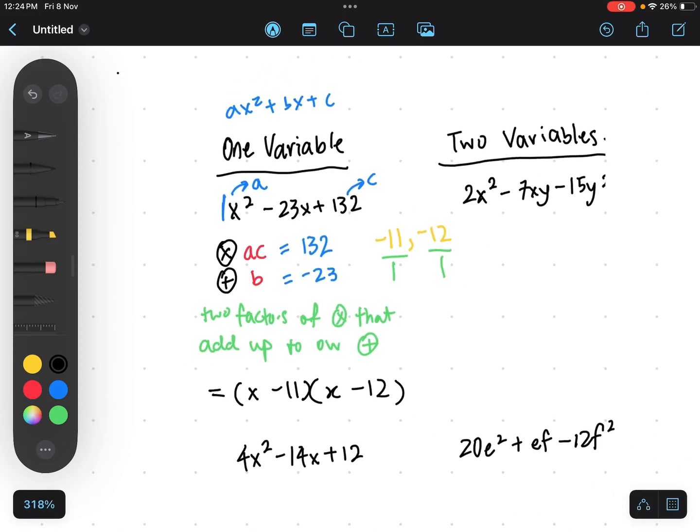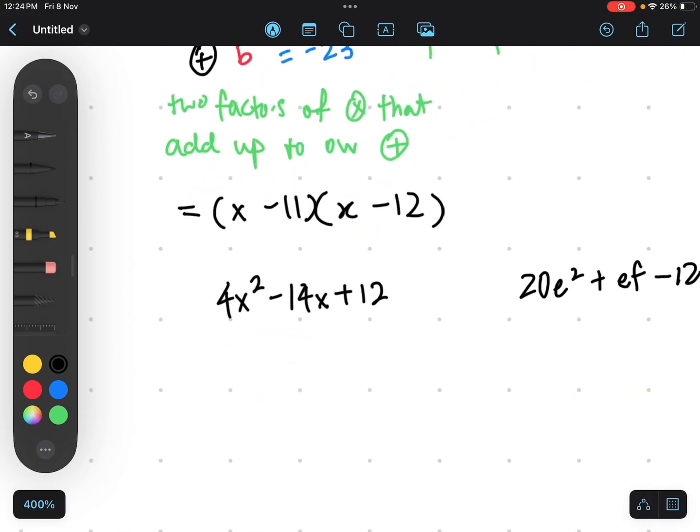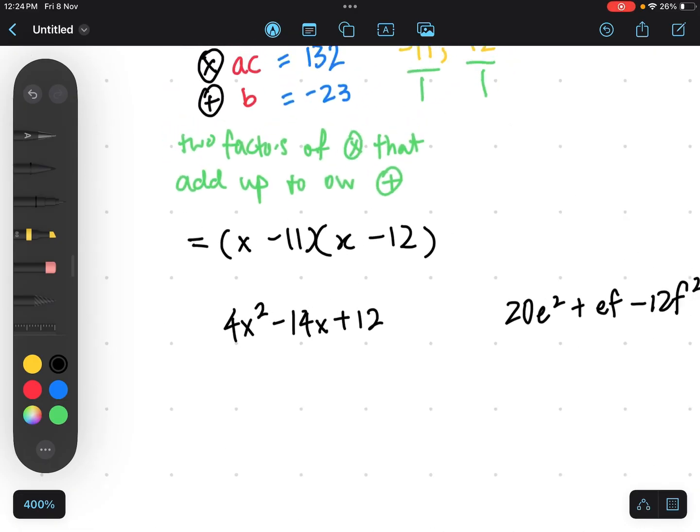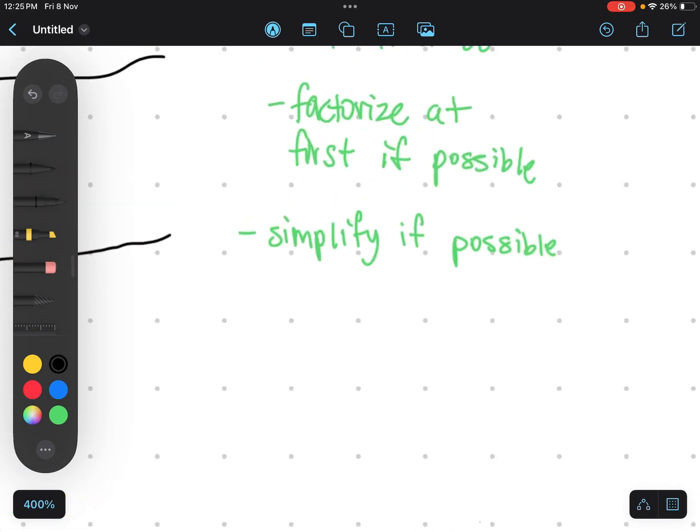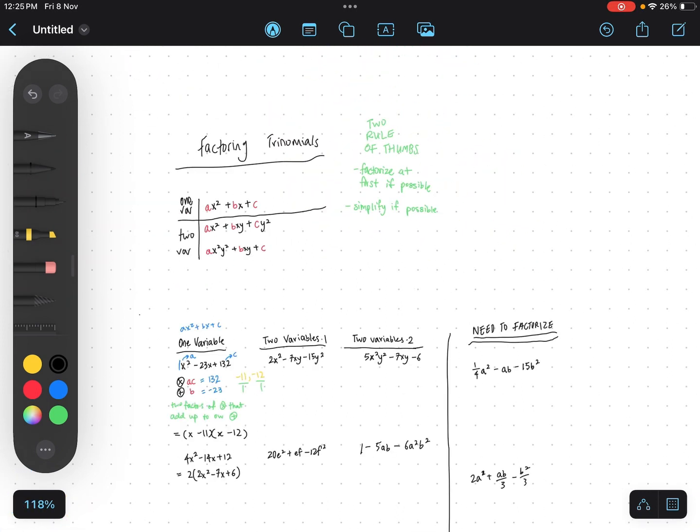That's your answer. Now the second one, can we do something? Yes, we can. If you did not realize, we can already factorize out something, and that is 2. So after we factorize 2, we get 2x squared minus 7x plus 6. And remember, we said we factorize at first if possible, and it is possible.